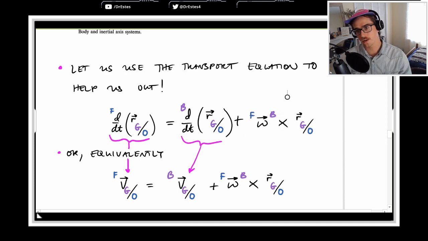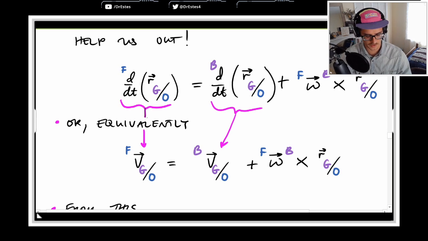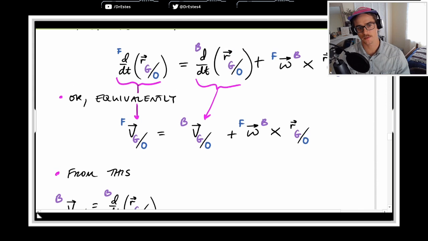So this equation right here is the transport equation, or transport theorem. It relates the time derivative with respect to two different frames. So equivalently, this vector on the left is the velocity with respect to the F frame, velocity with respect to the B frame, and then beyond this, we can then project these vectors onto different basis vectors. But that would be if we're using array notation, which we're not yet.